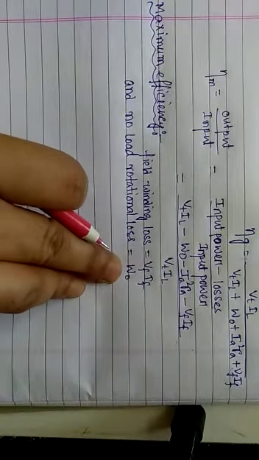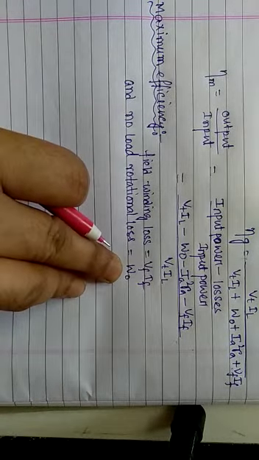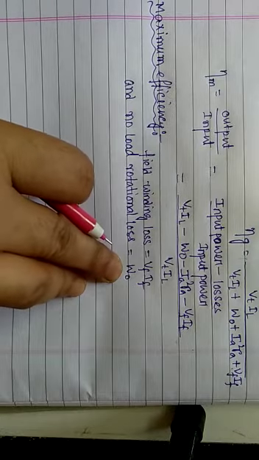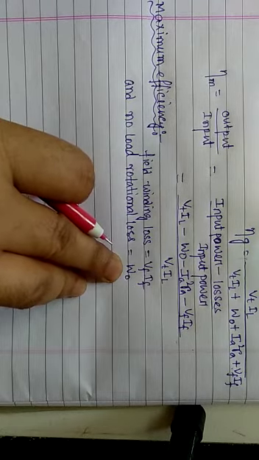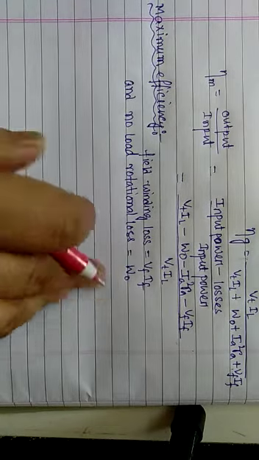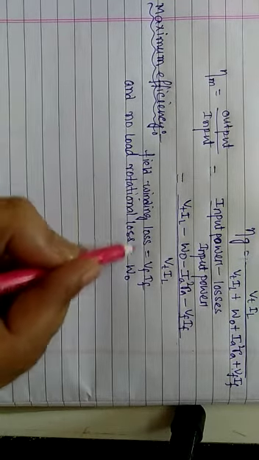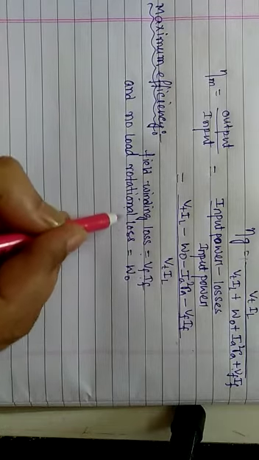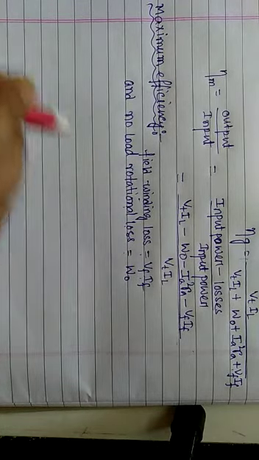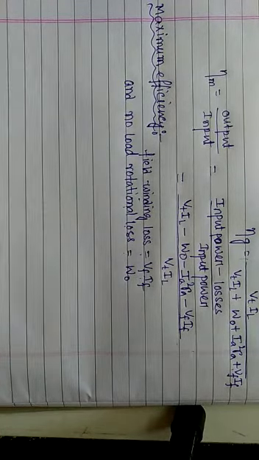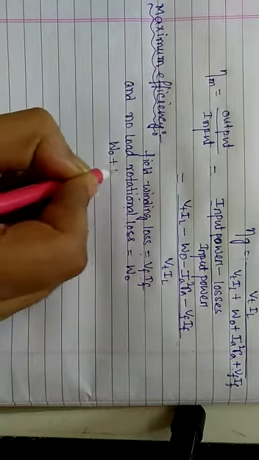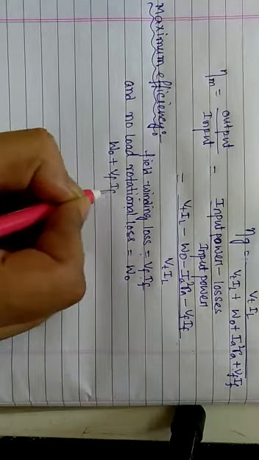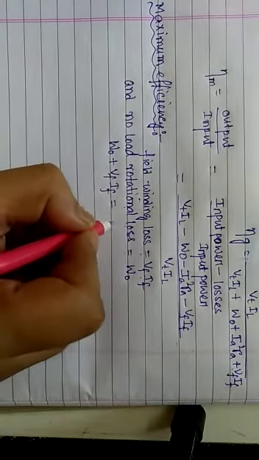It is the combination of frictional windage loss and no load core loss. Actually, this field winding loss and no load rotational loss are constant, that is, W0 plus Vf into If is the constant loss.